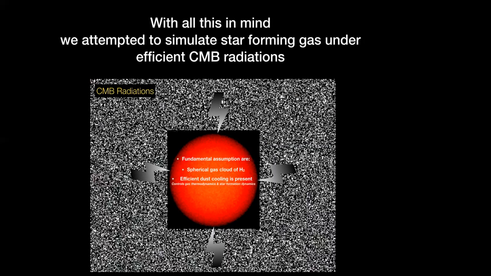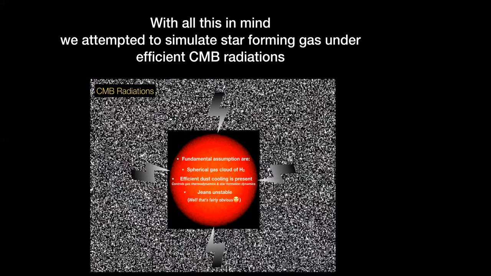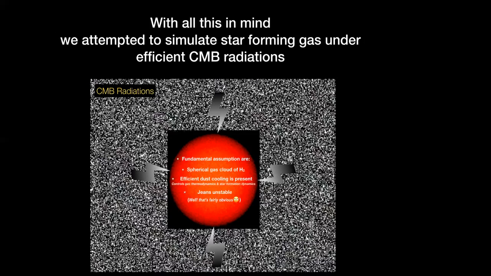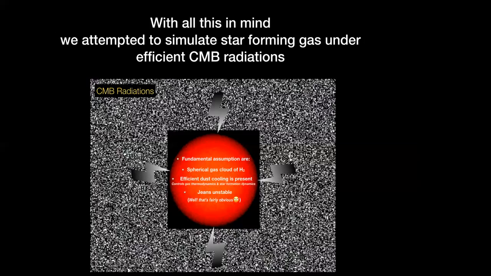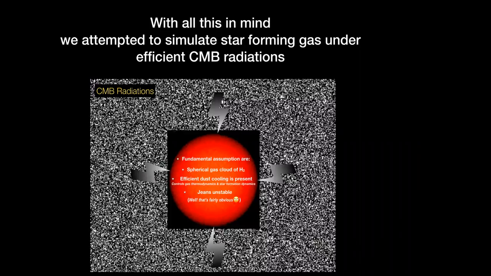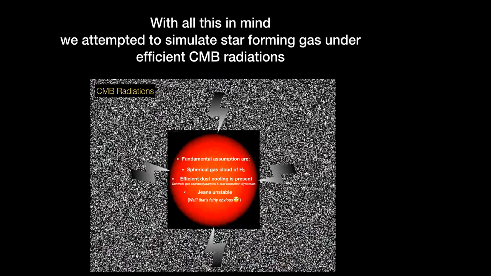The efficient dust cooling is also present in this sphere of gas, which is about to collapse. And obviously, why is it collapsing? Because it is a Jeans unstable cloud of gas. So with this, we expect that in the presence of the CMB, this star forming pre-stellar gas cloud is going to collapse. This is our fundamental setup of the simulations that we performed to understand how the CMB can contribute towards the masses of the stars that came into existence as a result of our simulation experiment.